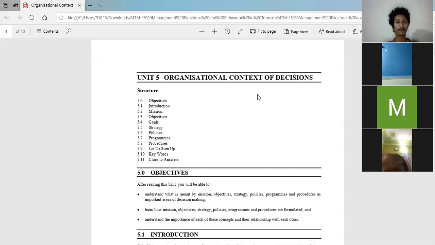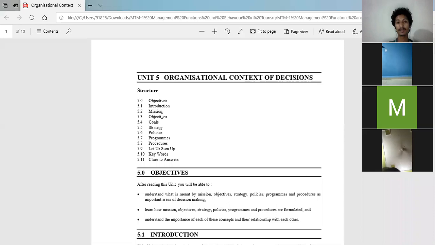So again, from the start: this is MTTM 1, Unit 5. I am explaining the organizational concept of decisions, the features of decisions which, in easy terms, are required to set up a company. When you set up a company, you should have a mission, objectives, goals.